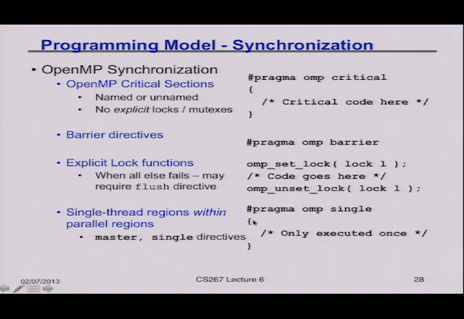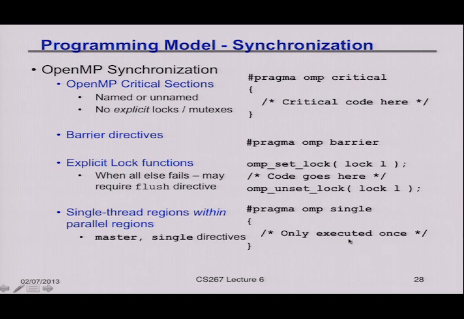And here's yet another way to handle synchronization. It's called OpenMP single, and that guarantees that the next stretch of code will only be executed by one thread. So maybe this is where you're collecting all the partial results and putting them together. You really only want one processor to do that. So if you say OpenMP single, one processor will execute it, everybody else will skip it.